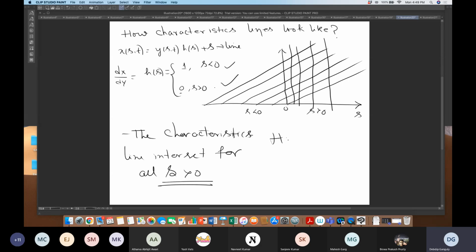Then how to define a solution? Because here, not even locally, since h is now discontinuous.